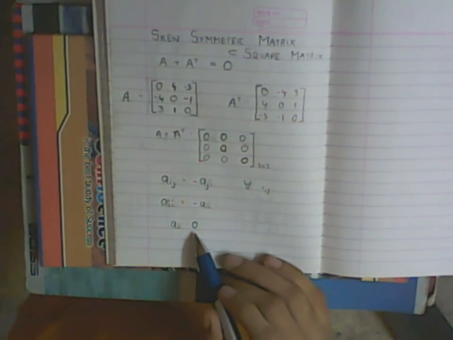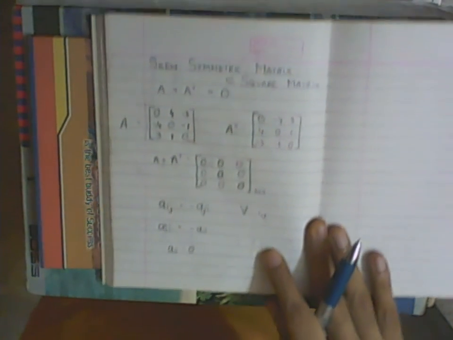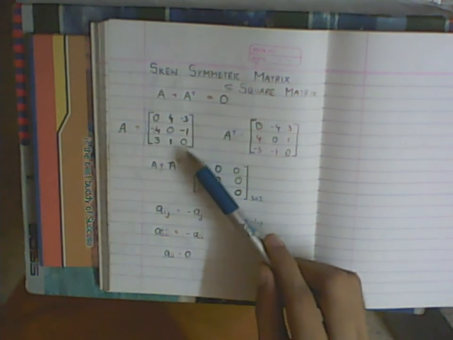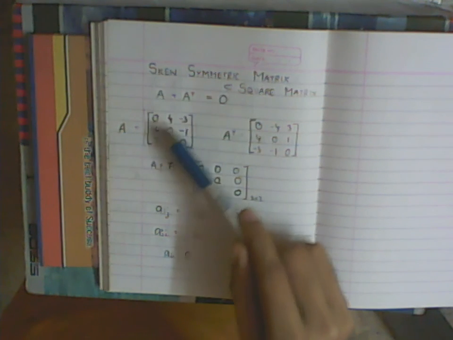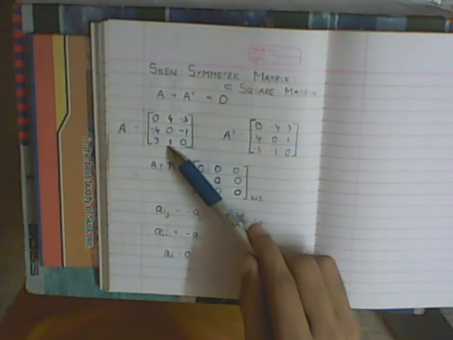So this is another way of reasoning out why the diagonal entries needed to be 0. But this is what a skew symmetric matrix is. What you need is that diagonal entries should be 0, and the opposite entries should be negatives of each other. So if this is 4, this is -4; this is -3, its opposite is 3; this is -1, its opposite is 1.